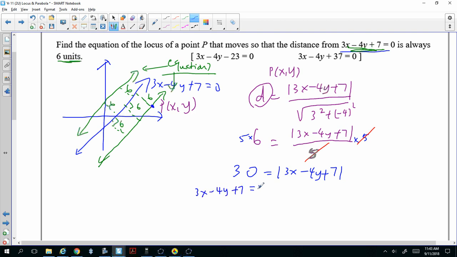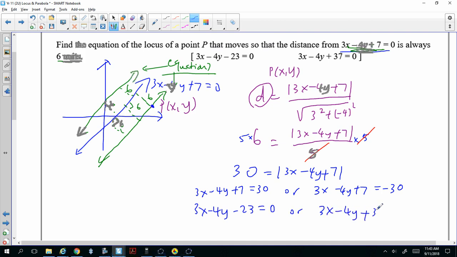And then you end up getting 3x minus 4y minus 23 equals 0, or 3x minus 4y plus 37 equals 0. That's the equation of the two lines. Okay? So we got these two. Right? So that's how we find the equation. Actually, it's written here.